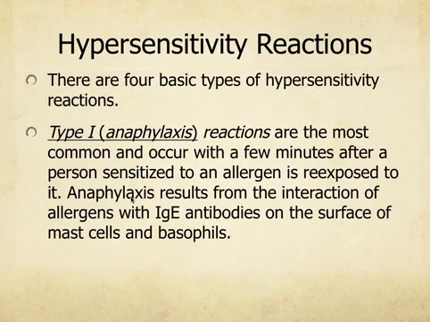What those do is cause vasodilation, which increases blood capillary permeability, and it also will increase smooth muscle contractions in the airways of the lungs, as well as mucus secretion.